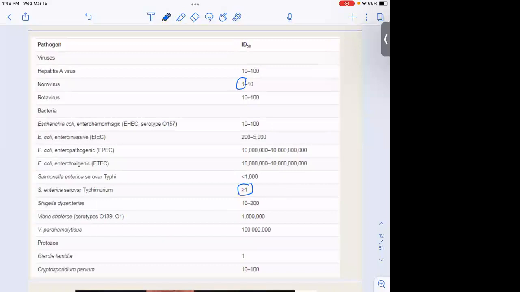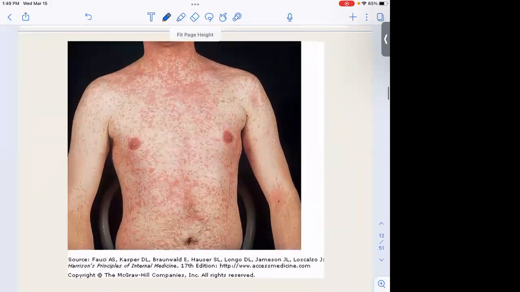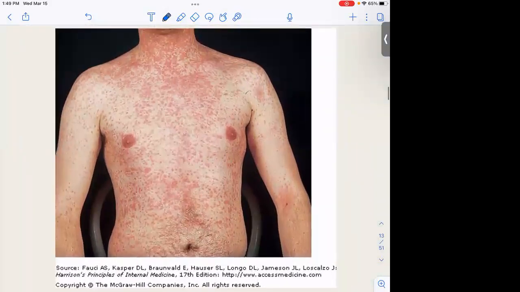It's a pretty successful organism that only takes one, we think. Giardia, that's the protozoa that causes diarrhea. But then some organisms, it could take a lot more cells or a lot more viruses. So not to memorize, just to know that there is a big difference. Here's a viral disease that has a very low infectious dose.